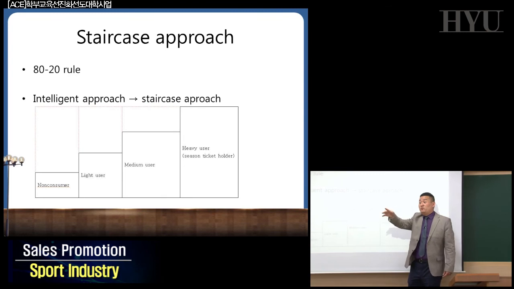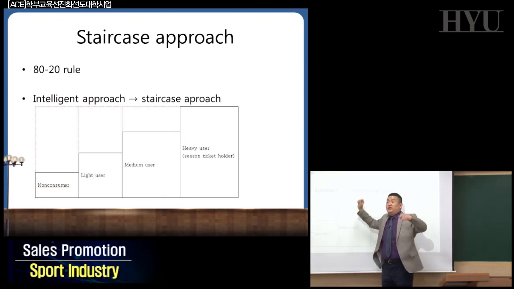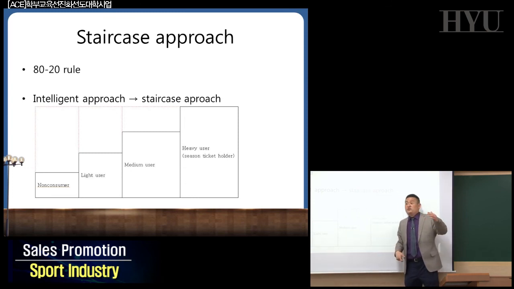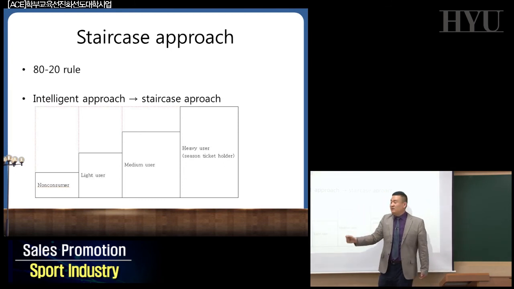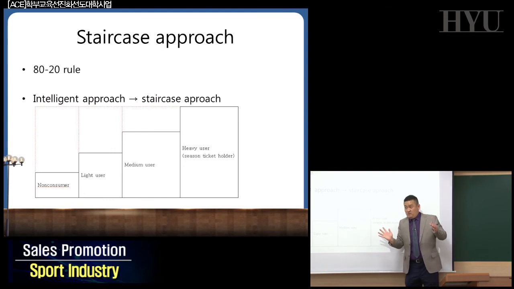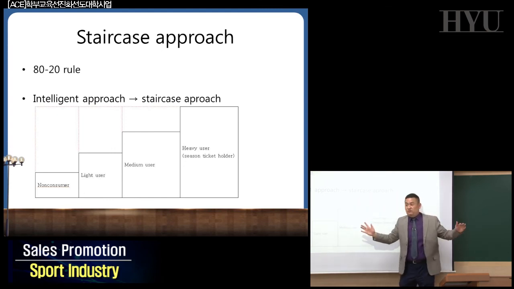It comes from a European country, Italy, right? An Italian economist created this theory. The 80-20 rule is frequently used in economics. It exactly means that only 20% of the consumers make 80% of total revenue, okay?